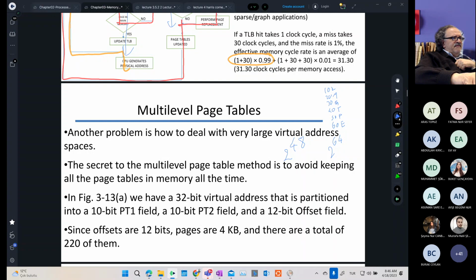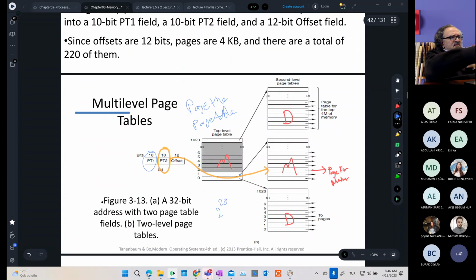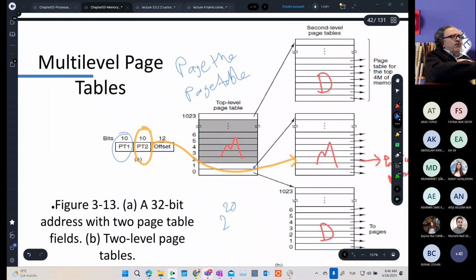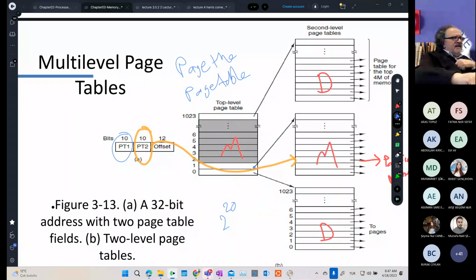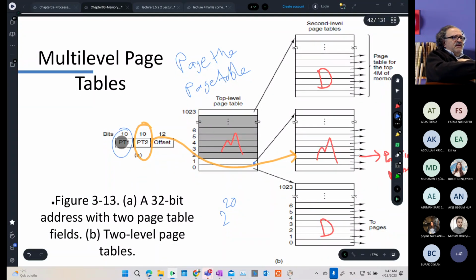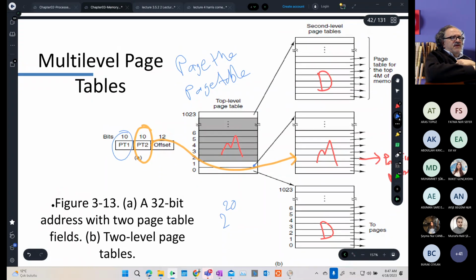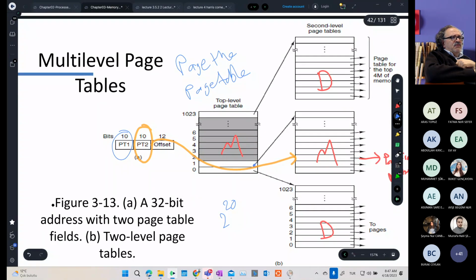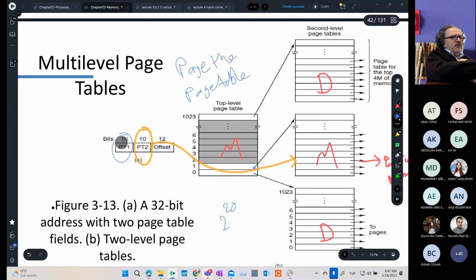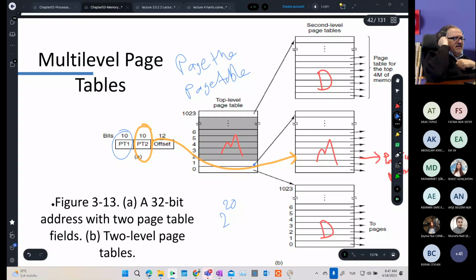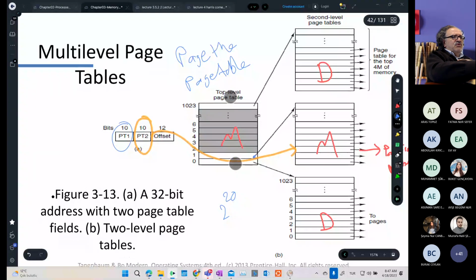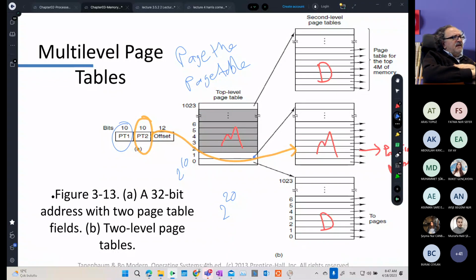I can't keep it in my physical memory, so I use multi-level page tables. This is what I do. I divide my 32-bit address into 3 parts: page table 1, page table 2, and page table 3. The first 10 bits are page table 1. First, I make a lookup in the top level page table, which, since this is 10 bits, is going to have 2 to the 10 elements, 1 kilo elements only.